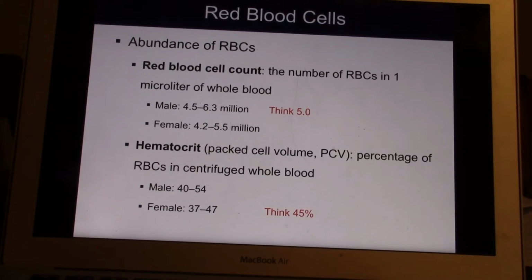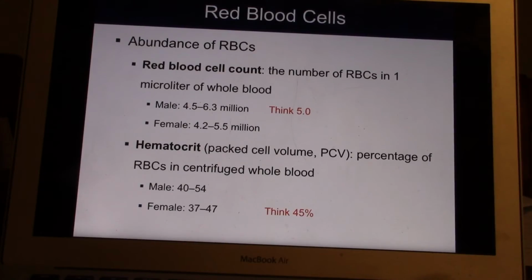Think 45%. 45% is a very normal number for both males and females. It's always higher in males than in females, and we'll talk some about blood doping and erythropoietin and performance enhancing drugs down this line here that will affect your hematocrit.